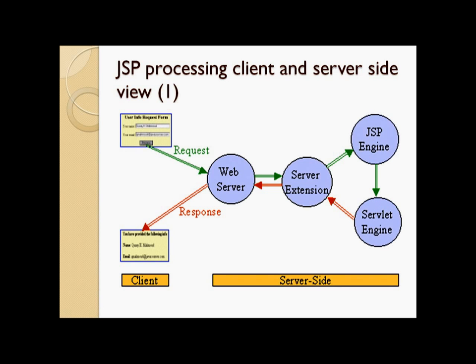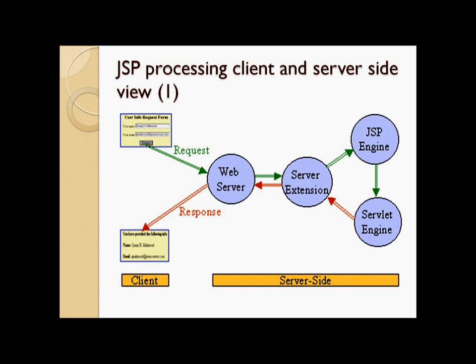Then the JSP engine will take that particular JSP page for which the client is sending the request, and convert the JSP page in the form of a servlet.java file. Then the servlet engine will compile that file and convert it into a class file, which will be sent back to the JSP engine, and then it will go to the database for the overall operation, that is, whether the data exists in the database or not.